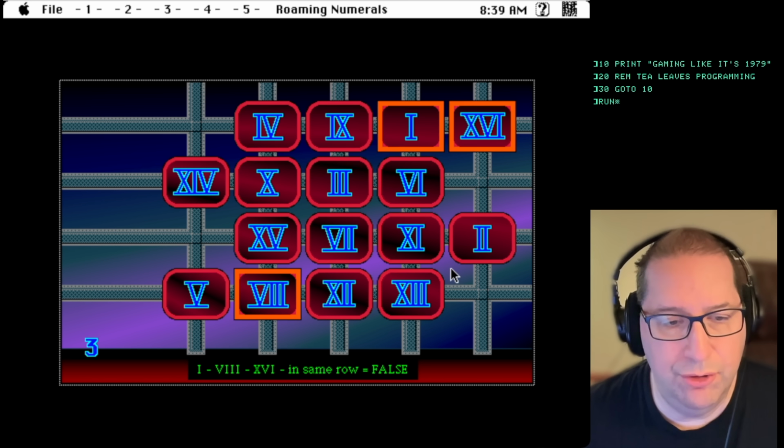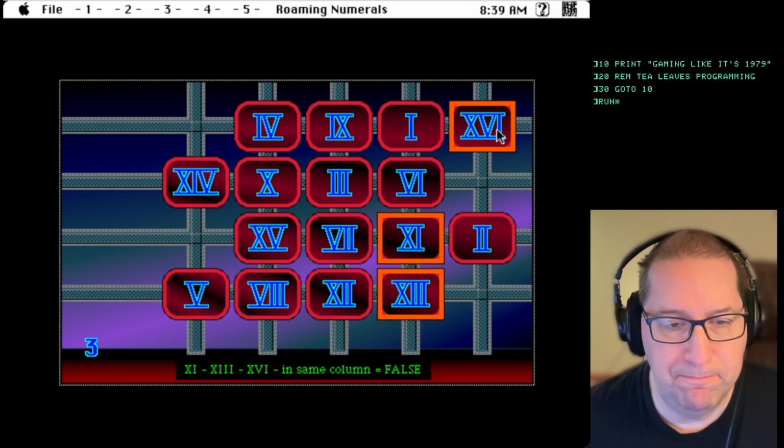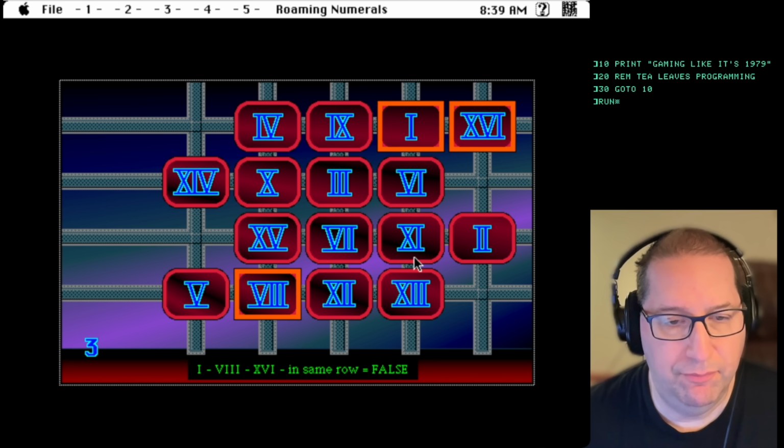And common to 2 of those 3 rules is 16. So 16 has to be in the same column as these and the same row as these.